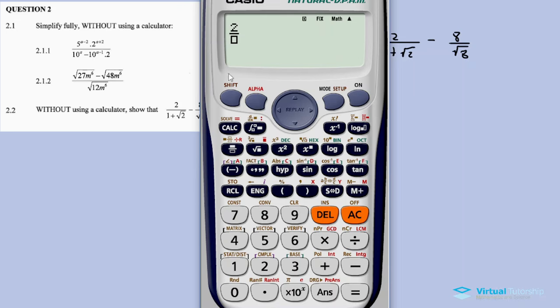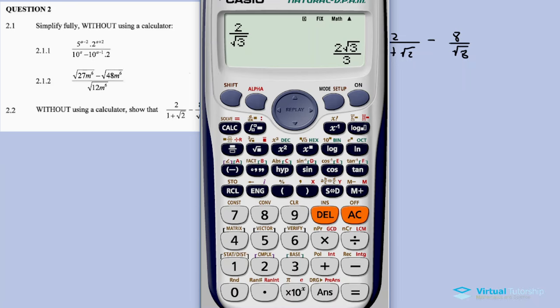So for instance, 2 divided by the square root of 2, or let me say 2 divided by the square root of 3. Basically to calculate this, we don't want a surd in the denominator.